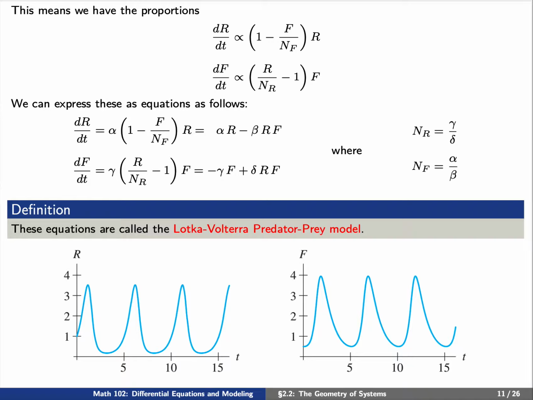We'll express n sub r and n sub f in terms of ratios gamma over delta and alpha over beta, so that we can write our predator-prey model as dr/dt equals alpha times r minus beta times r times f, and df/dt equals negative gamma times f plus delta times r times f.